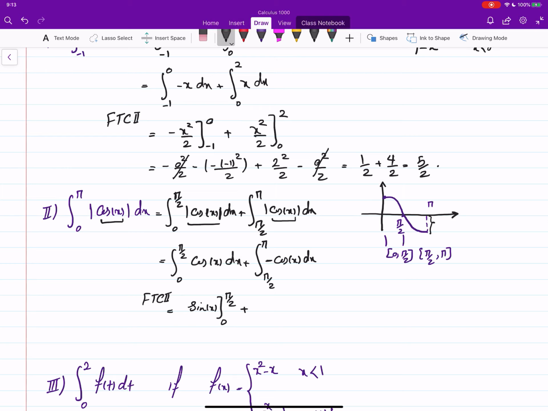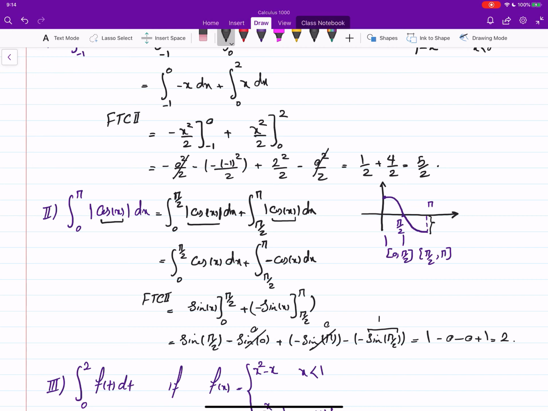Now apply upper value minus lower value: plus negative sine of pi minus negative sine of pi over 2. As you see, sine of 0 is 0, sine of pi is also 0, sine of pi over 2 is 1, and sine of pi over 2 is 1 also here. So there's negative, negative plus 1. Altogether, that gives us 2.